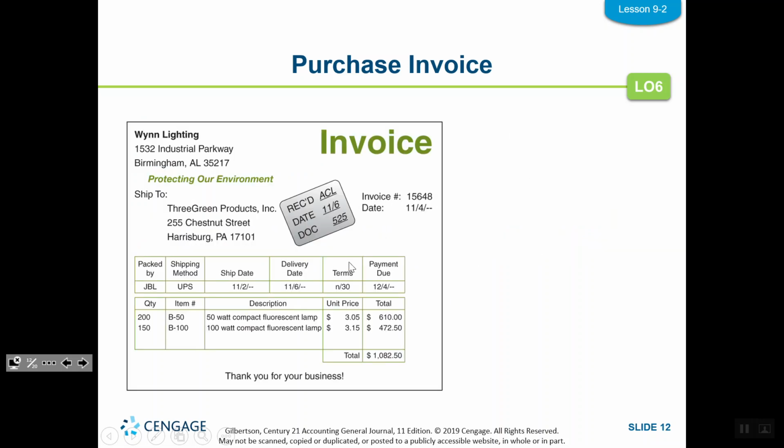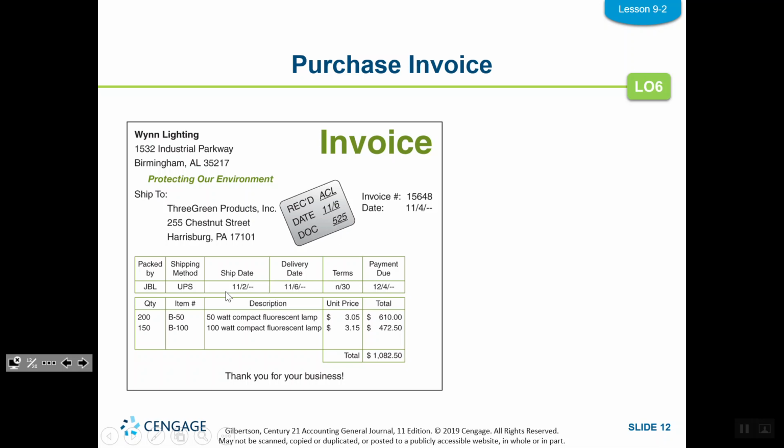So here's an invoice. They sent us the products with an agreement that we're going to pay for it later. We have Win Lighting, Industrial, this is who we owe the money to. This is us. We put a stamp on here. We don't care about these numbers here. We're going to put a stamp on here with our own information: who received it, the date it was received, and our order numbers.